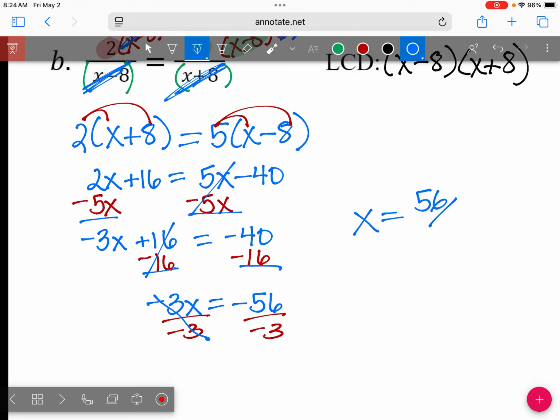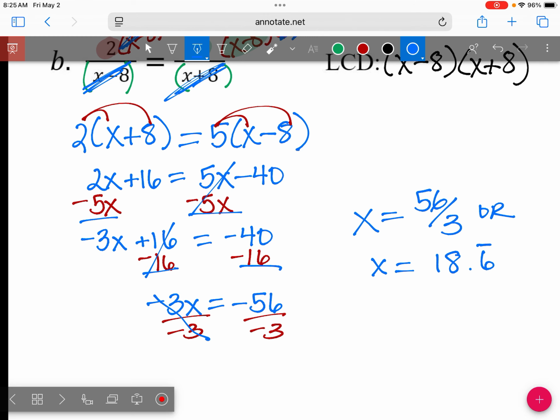So you get x is 56 over 3, or you can write it as a decimal and say it's 18.6 repeating. So I would take either one of those answers.